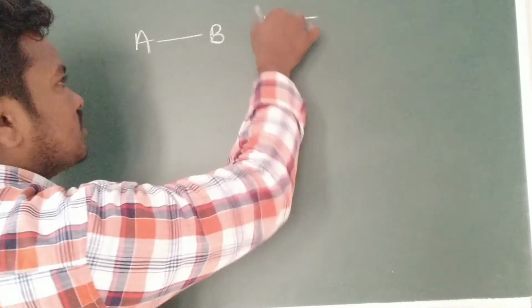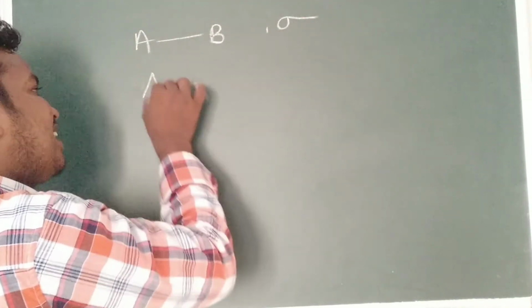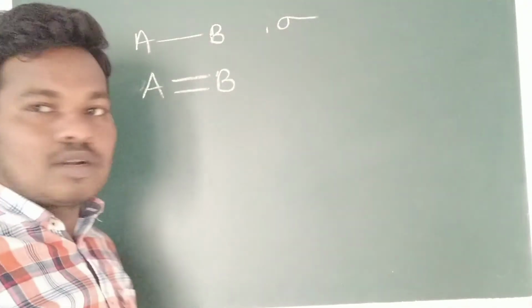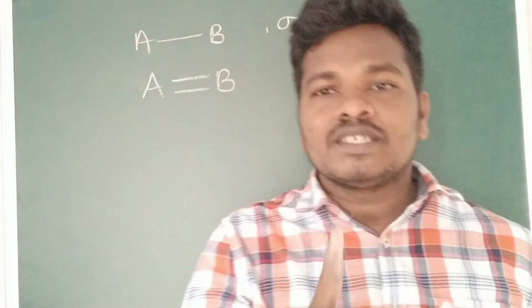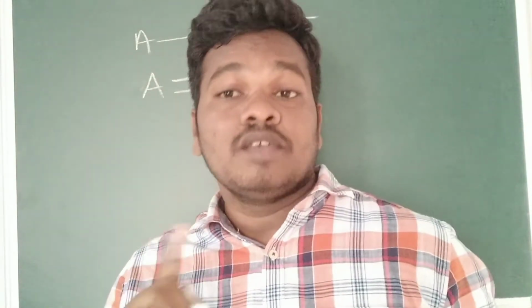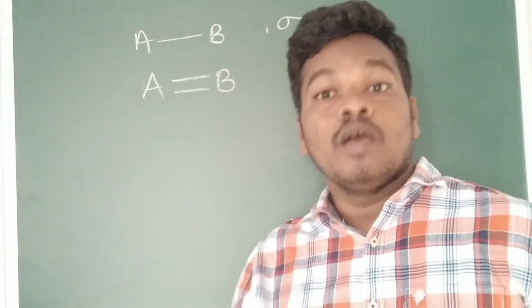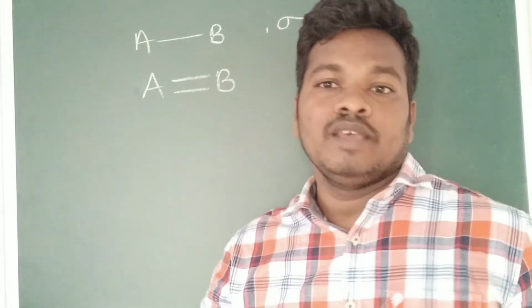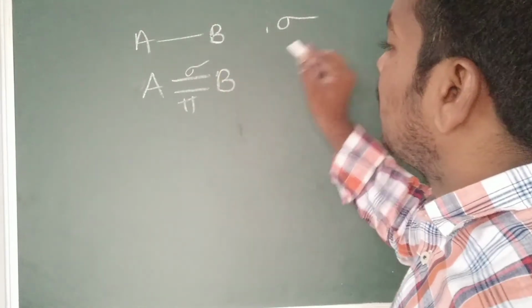If two bonds are present, not two sigma bonds, out of the two, one is a sigma bond and the other is called a pi bond. Whatever the number of bonds between two atoms, only one sigma bond is present.